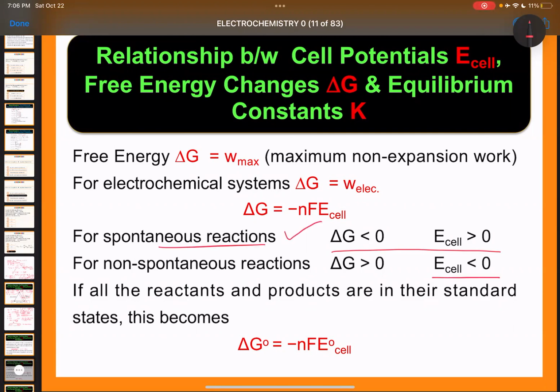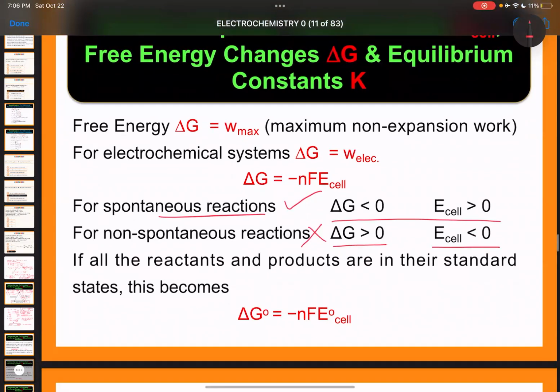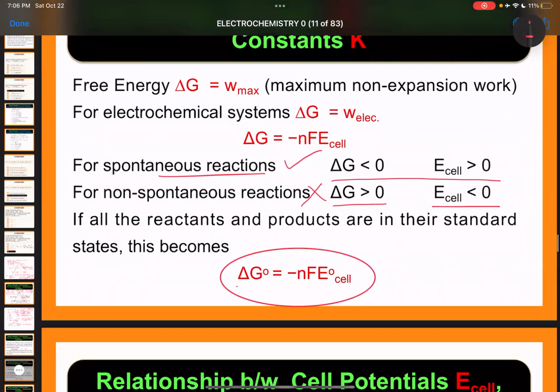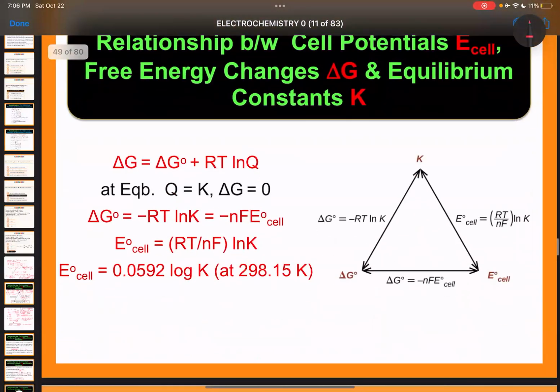E cell is negative, Gibbs free energy is increasing, the cell is not going to work. EMF of the cell and the delta G have opposite sign. Okay, they have opposite sign, right? Clear? So this is all what we derived just now.